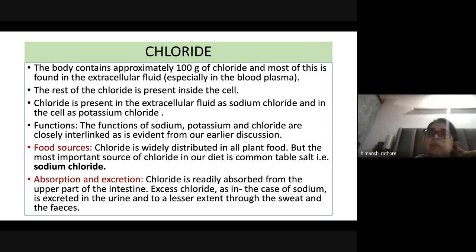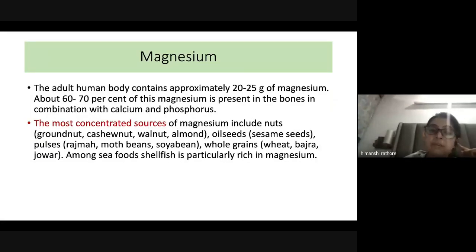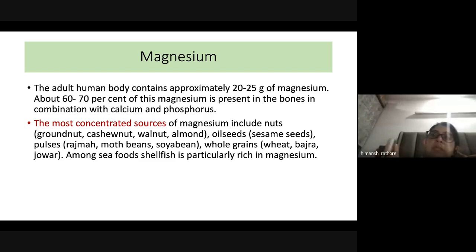I guess here we are ending with unit 5. Now we will be moving forward to, sorry, there is one other mineral, that is magnesium. The adult human body contains approximately 20 to 25 grams of magnesium. Again, the amount is given in grams, hence it is a macronutrient, not a micronutrient.